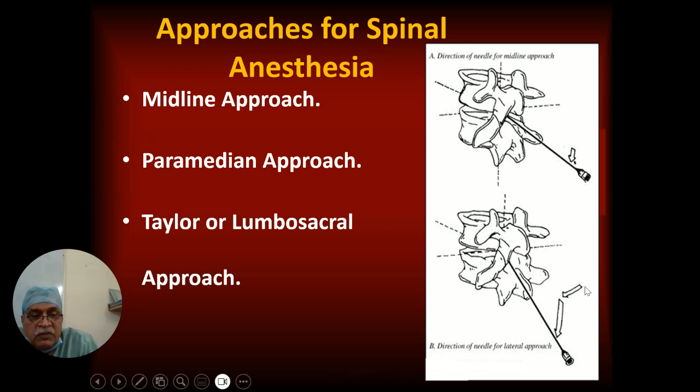Here we feel for the posterior superior iliac spine, 1 centimeter lateral and medial to the spine. We make entry into the skin and negotiate medially and go into the subarachnoid space.